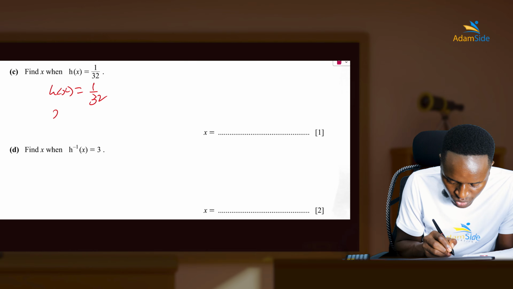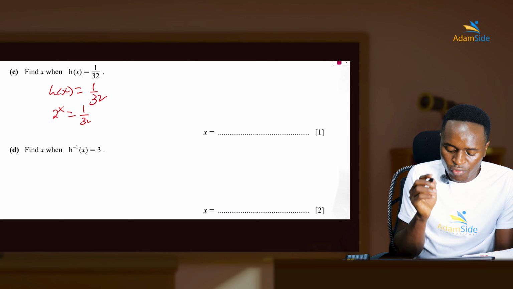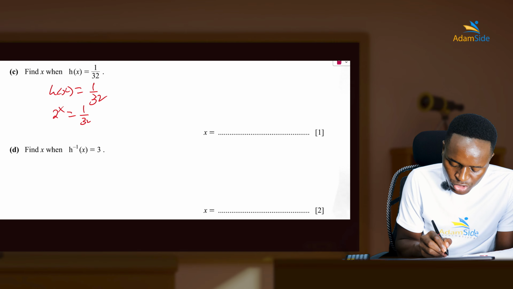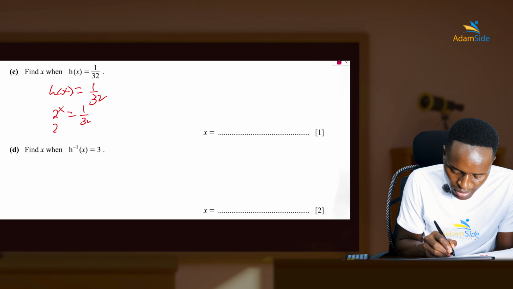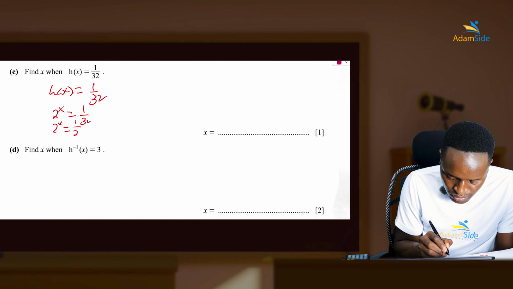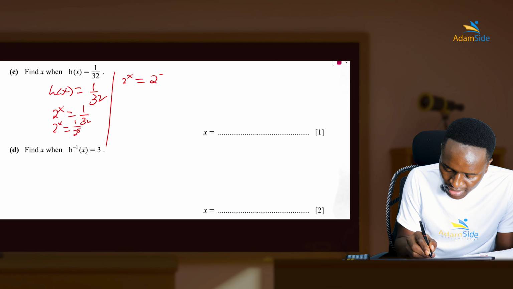So we have 2 power x is equal to 1 over 32. Change it into the same form so that we have the same base. 32 in powers of 2 is 2 power 5, so 1 over 32 is 1 over 2 power 5. Change it in that form, so you have 2 power x is the same as 2 power negative 5.